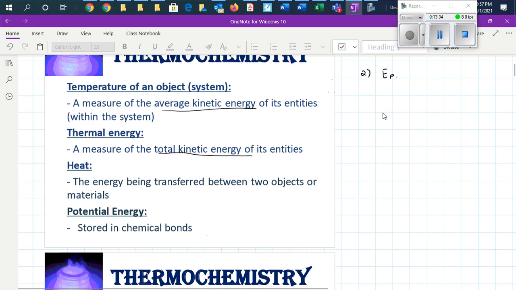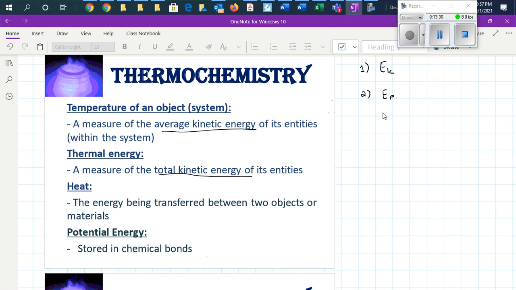Okay, so potential energy is stored in the chemical bonds, while kinetic energy is reflected in the temperature of the object or the system. Okay.